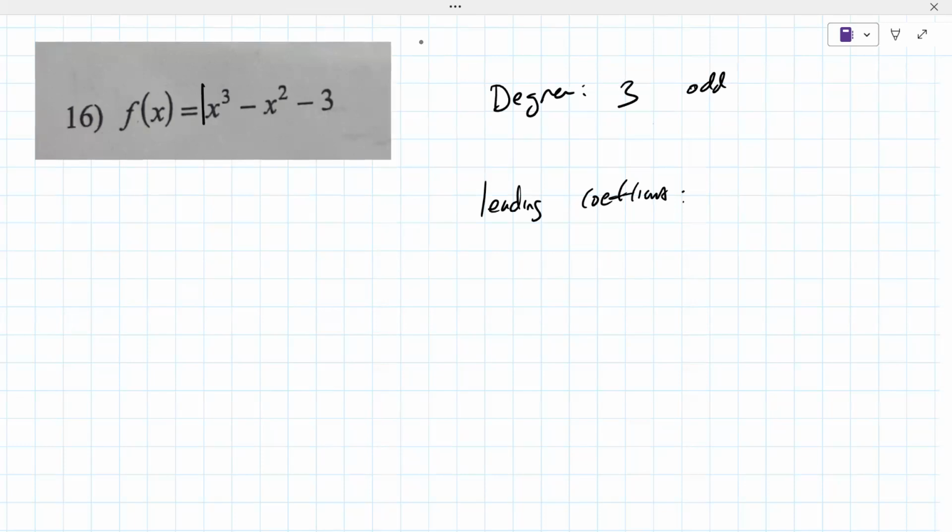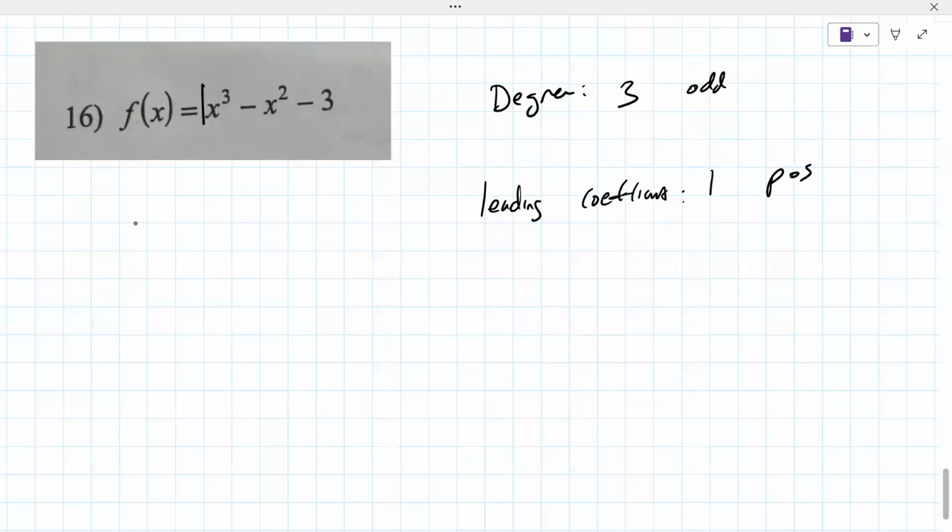What's the leading coefficient? What's the number in front of the x cubed term? So 1. It's never the variable, just the number. 1. Is that positive or negative? Positive. So that's the piece of information that you need.